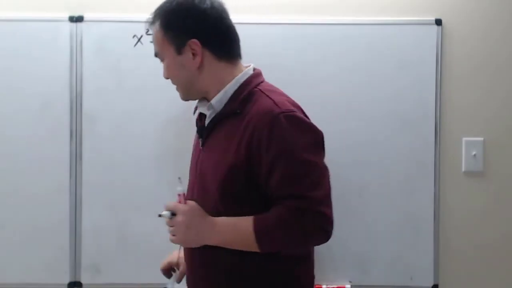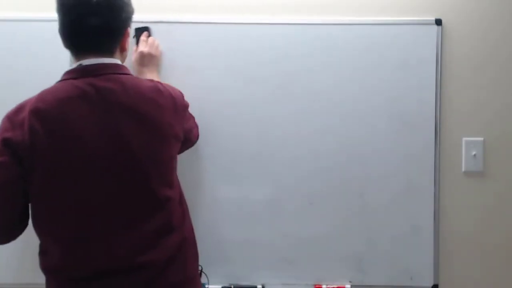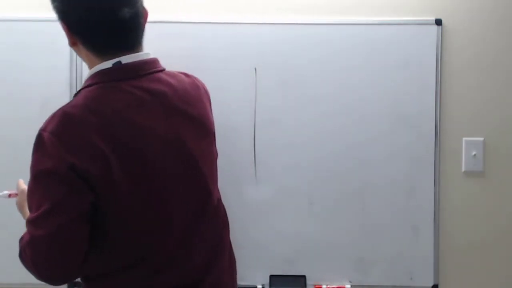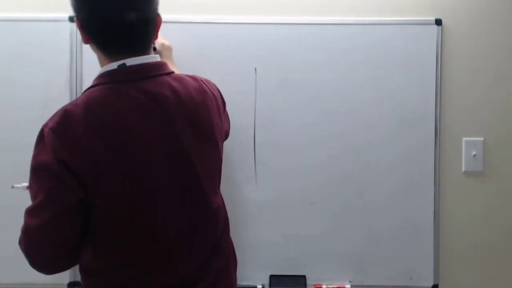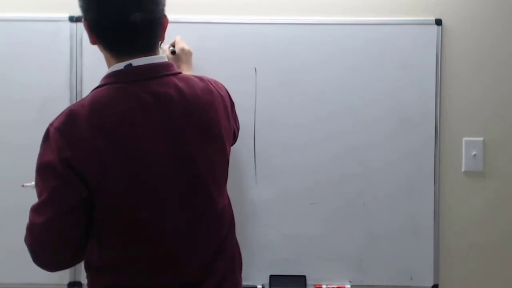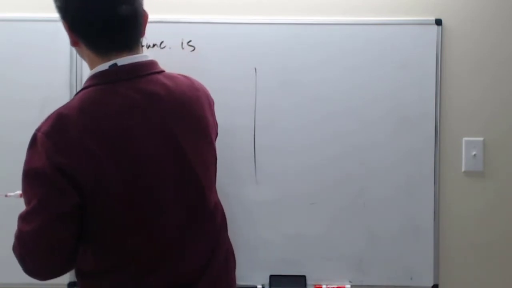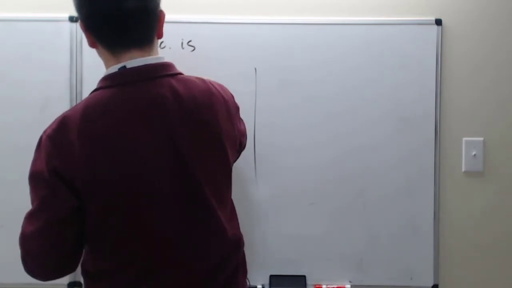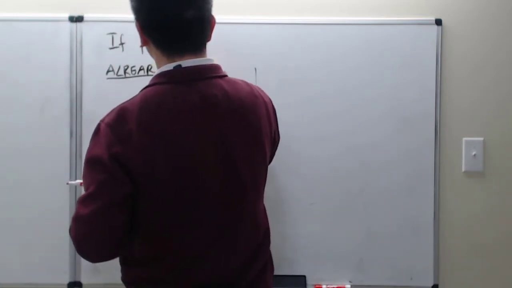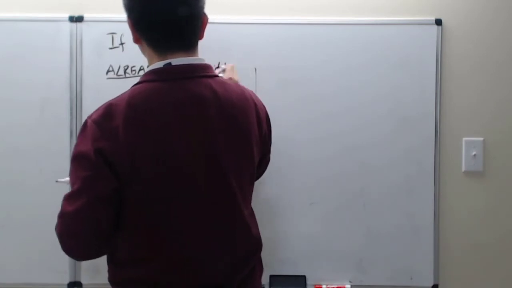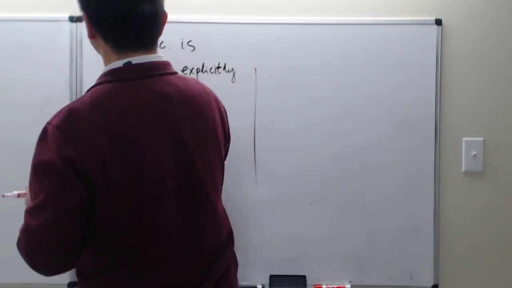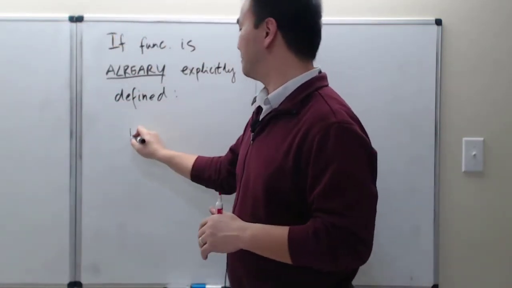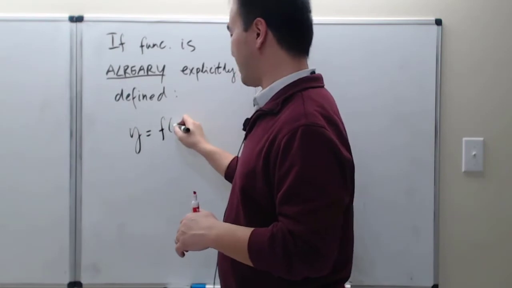So I have to clarify a couple of things right here. If your function is already explicit, and I have to emphasize the term, if the function is already explicitly defined, then good: y equals some function of x.